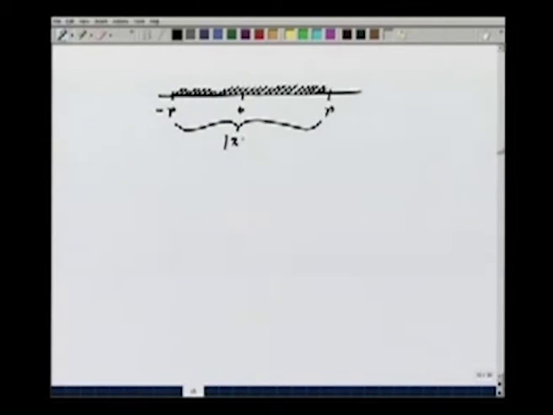Outside I have mod x bigger than r. So this is where divergence happens, here convergence.